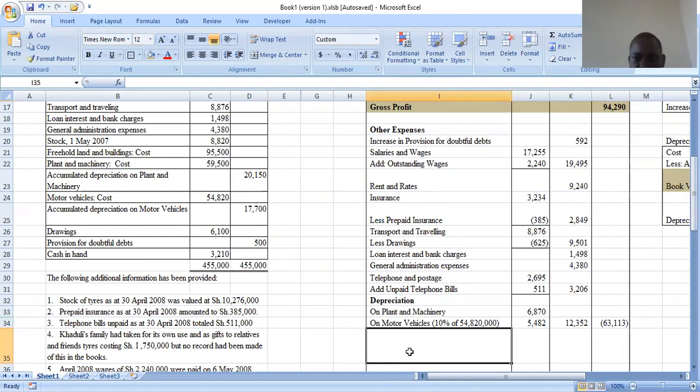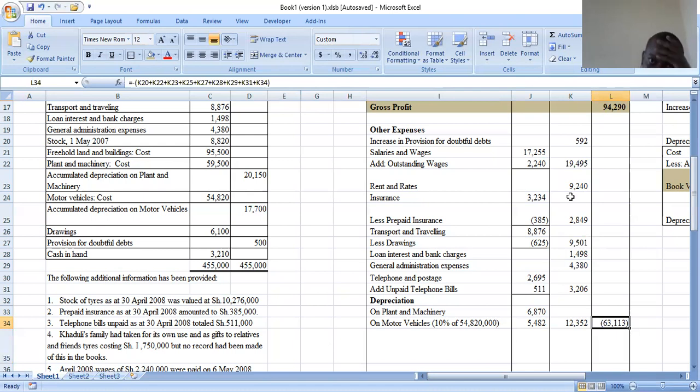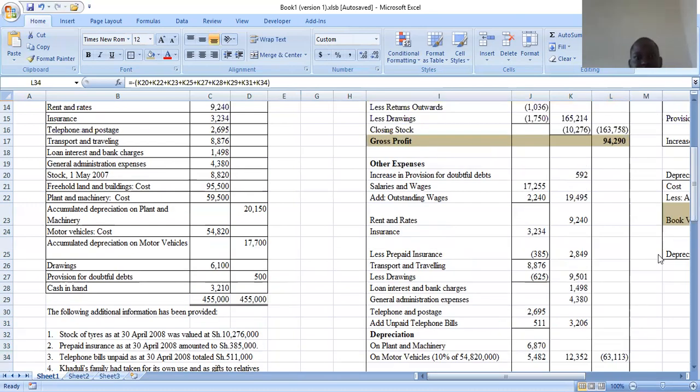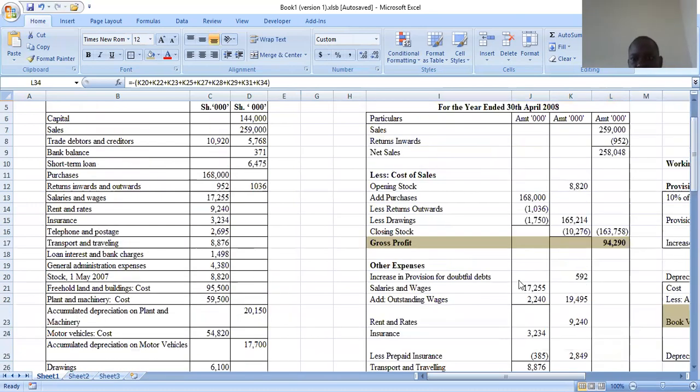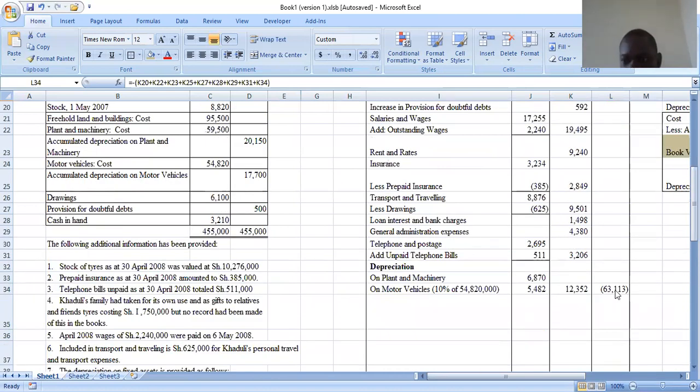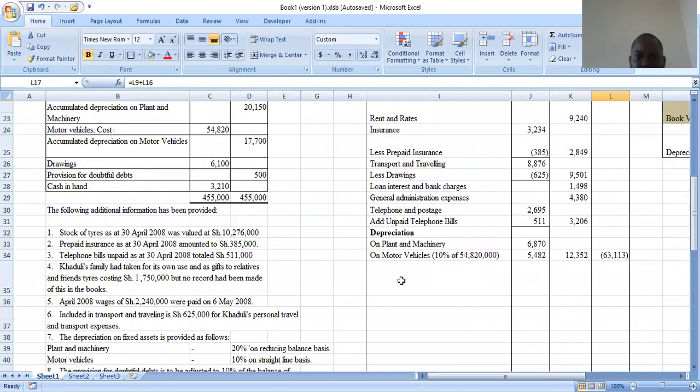So other expenses is 63,113. We deduct them from the gross profit to get the net profit.